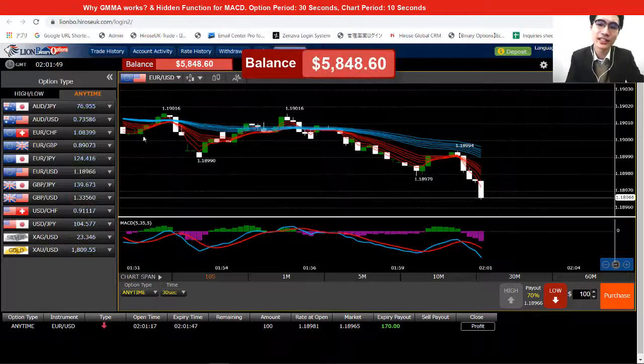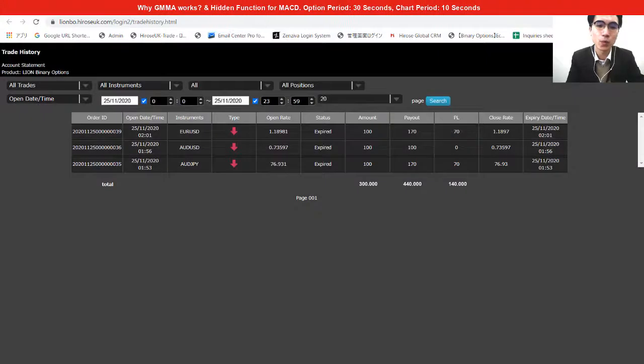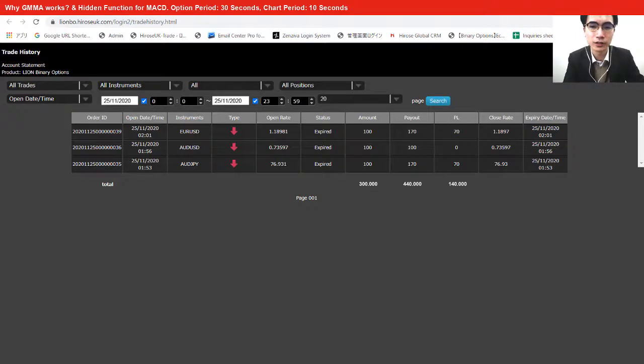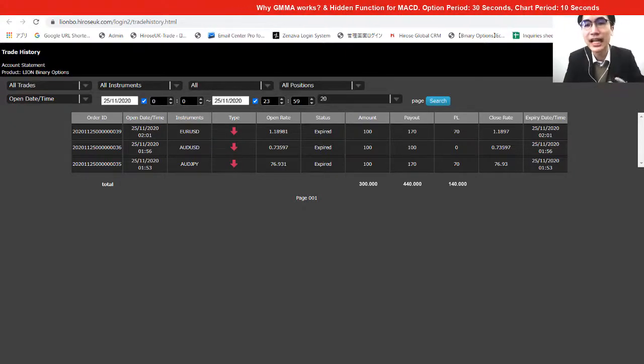Well, this is another example of why I like to trade in a shorter period. When the price moves towards my direction, because the movement is bigger in short-term trading, in a shorter time frame, the price difference is actually more, and that helps me win easier.